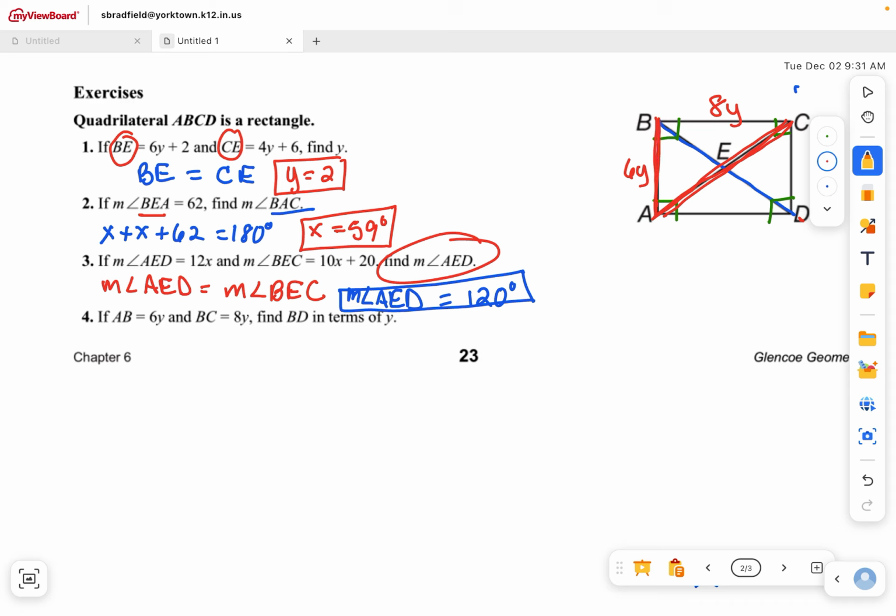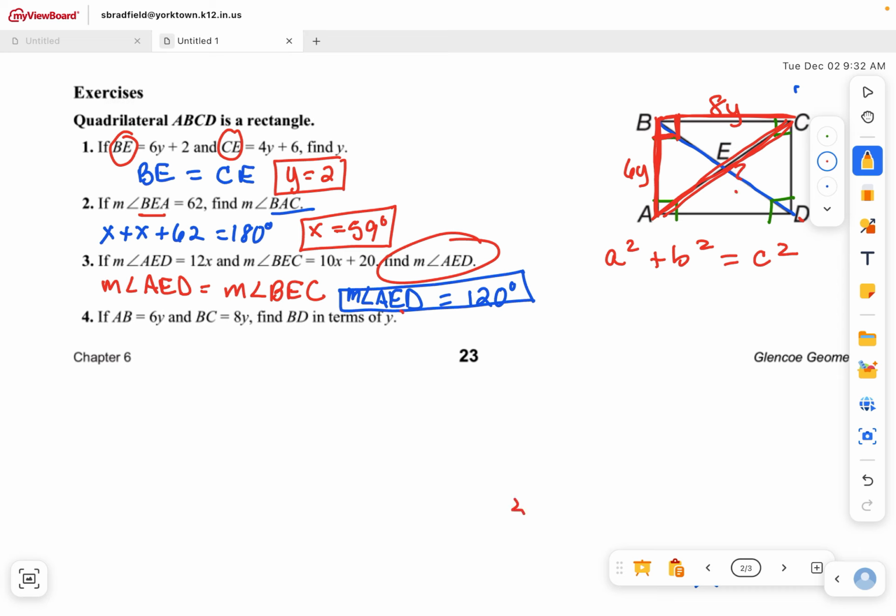So what I want to do is focus on the fact that I have a right triangle, and CA, which again is the same as BD, is the hypotenuse. I'm going to use the Pythagorean theorem. Remember, the Pythagorean theorem is a squared plus b squared equals c squared. A and B are the legs, and C is the hypotenuse, which is what I want to find.